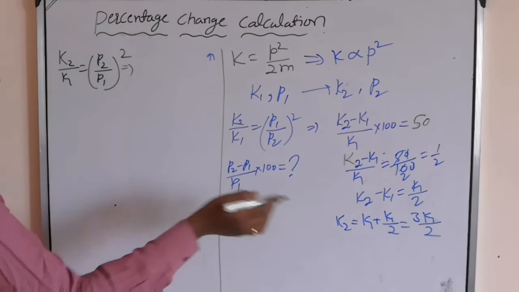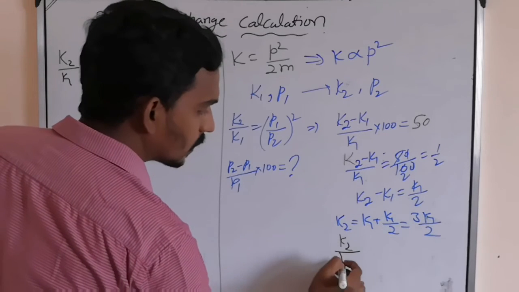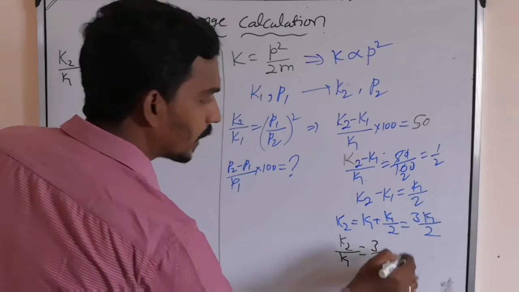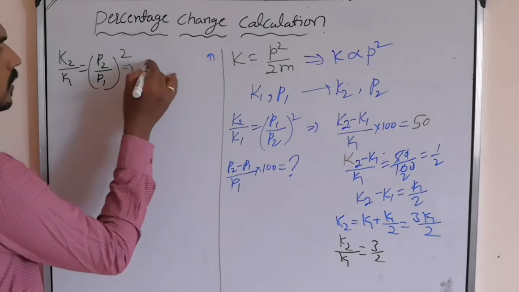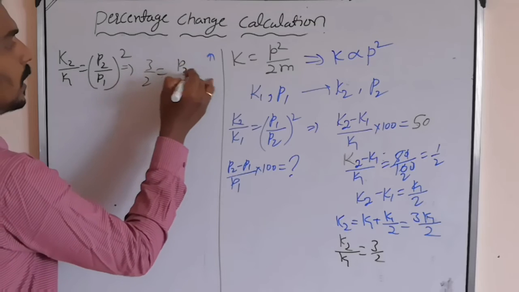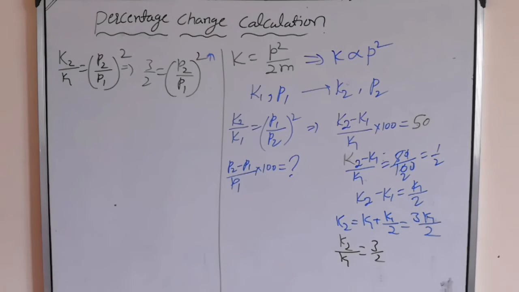So K2 by K1 is how much? From here, bringing K1 this side, it is 3 by 2. So this 3 by 2 equal to (P2 by P1) whole square.